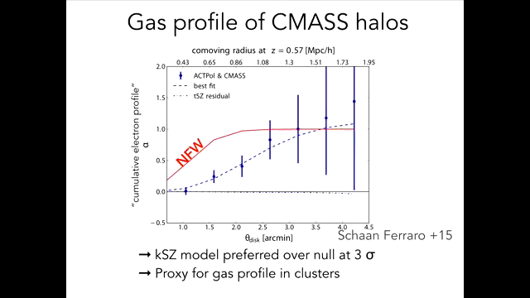And what you can see is this profile really doesn't fit our data. So even with this low significance data, you can already see that basically the cumulative profile starts growing farther out than the dark matter does. And that tells you that the slope of the gas profile is more shallow, that the gas is more puffed out.